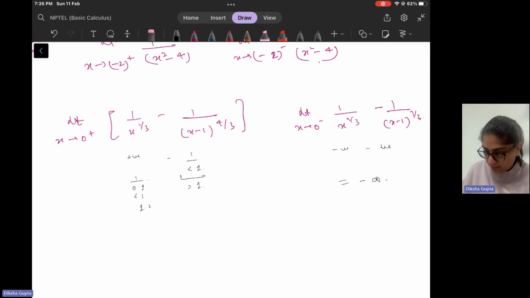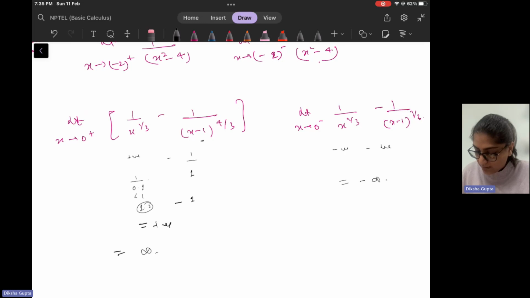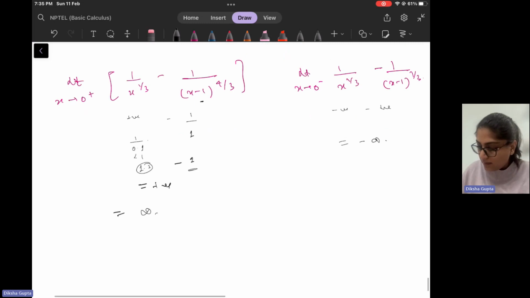If you simply put 1 here, it will be 1 minus 1, this is positive, so this is infinite. Yeah, sorry, I got a little confused. So when you put x positive, some 0.1, 1 upon this will be greater than 1 overall, and when you put simply 0, it will be 1, so it will be positive. And here when you put something negative, overall it will be negative, and this will also become negative because this is positive, so simply it will be minus infinity.